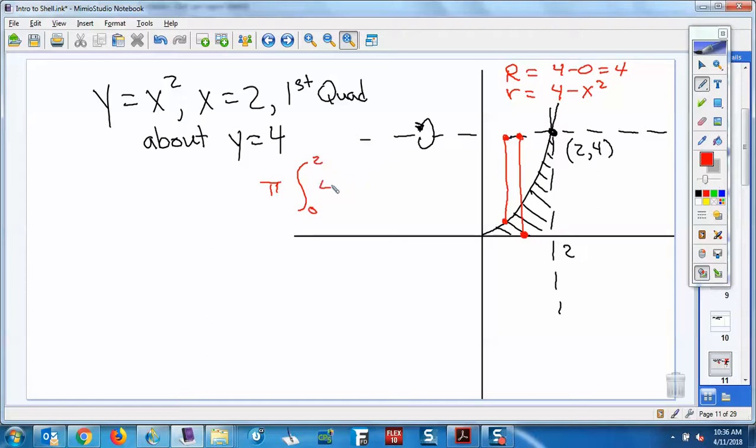And then we've got big R squared minus little r squared, dx. 4 minus x squared, squared, so big R squared minus little r squared, strips fill the space from 0 to 2. There we go.